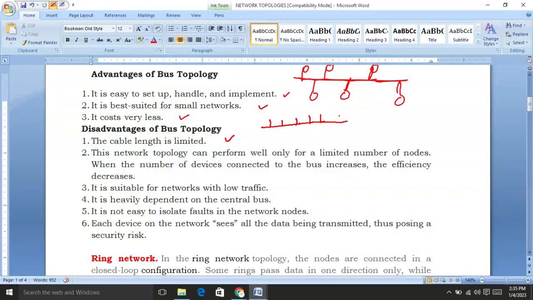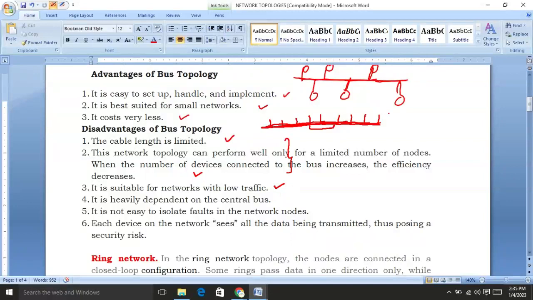When the number of nodes is increased, the traffic or data transmission rate increases, the bus, the channel or the wire, is very busy, and we are unable to handle the traffic successfully or transfer the data from node to node successfully. So that is the second disadvantage. From these first two points, the bus topology is suitable for low traffic, right?